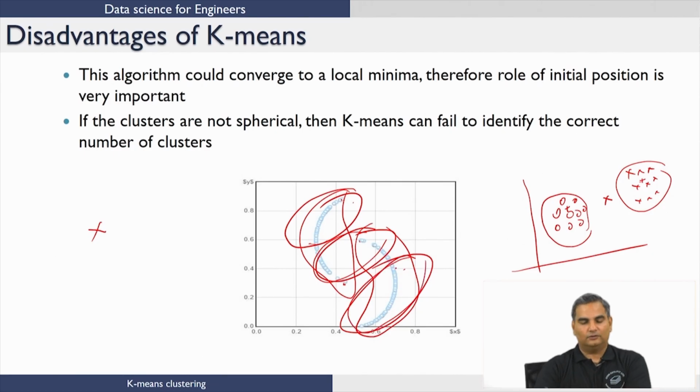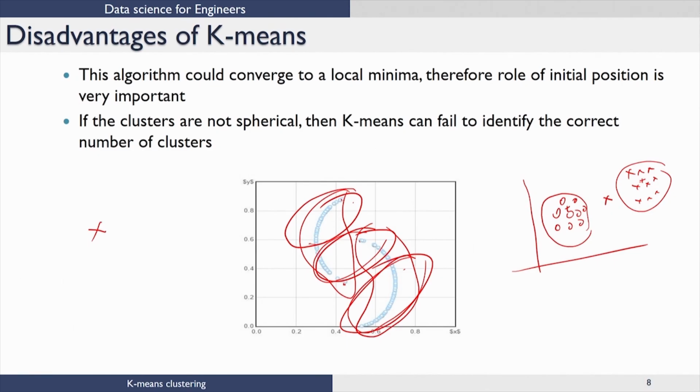So these kinds of issues could be there. Of course, as I said before, there are other clustering algorithms which will quite easily handle data that is organized like this, but if you were thinking about k-means, then these are some of the things to think about.